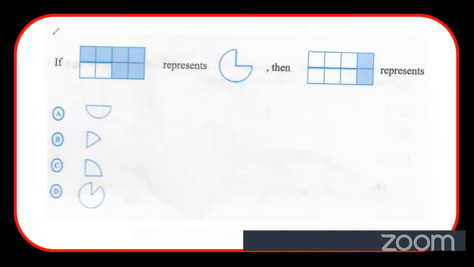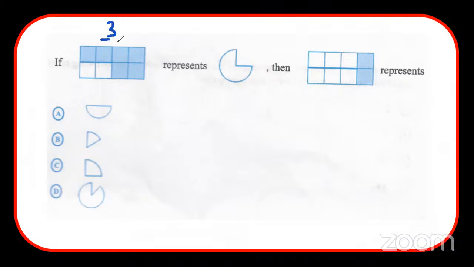So let's look at this. Let's think about what these two have in common. If you look at this shape here, this rectangle, we can see that we have 1, 2, 3, 4, 5, 6 shaded out of 8, which is the same as 3/4. And this is showing 3/4.